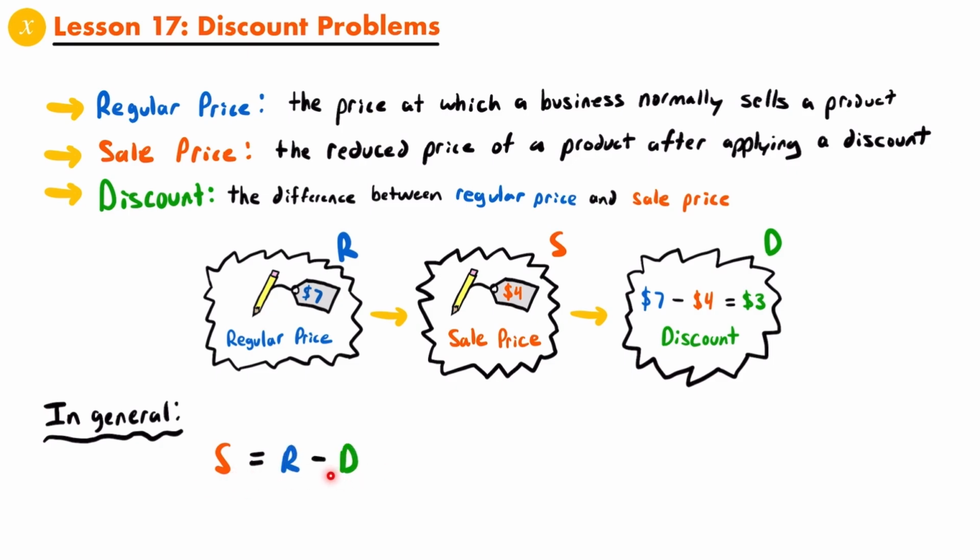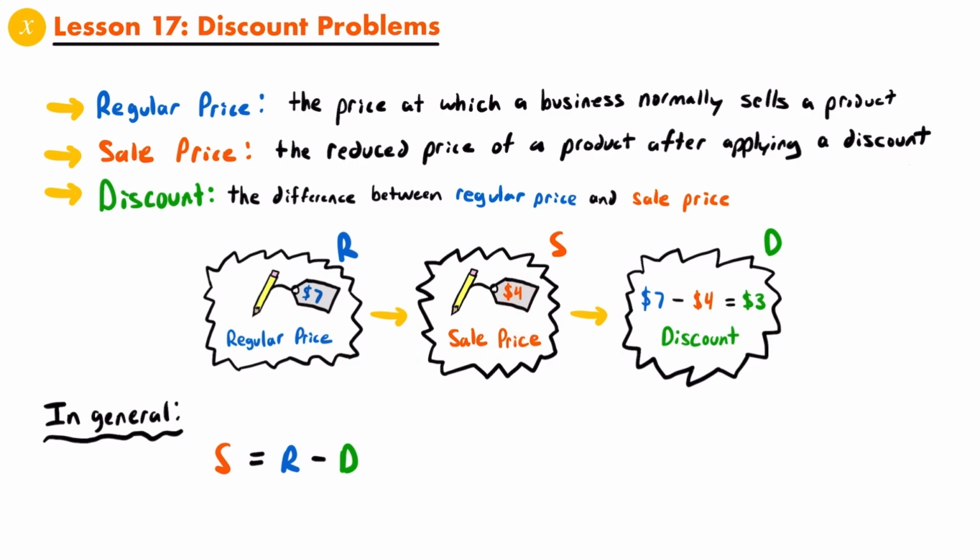That may look a little bit different than what we had here when we calculated the discount, but this would still be true. The sale price S is a result of taking the regular price and subtracting the discount. For the pencils, we had a regular price of $7. We discounted it by $3, so you subtract 3 from 7, and you get a sale price of $4.